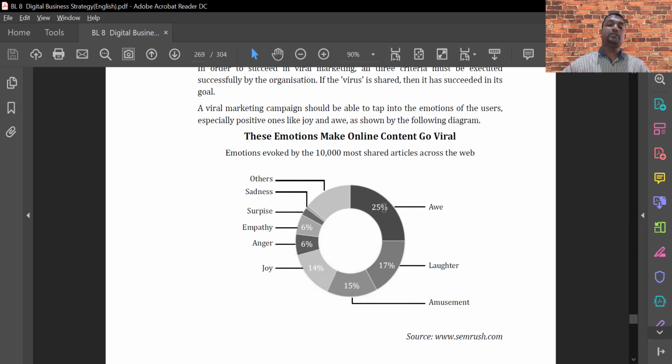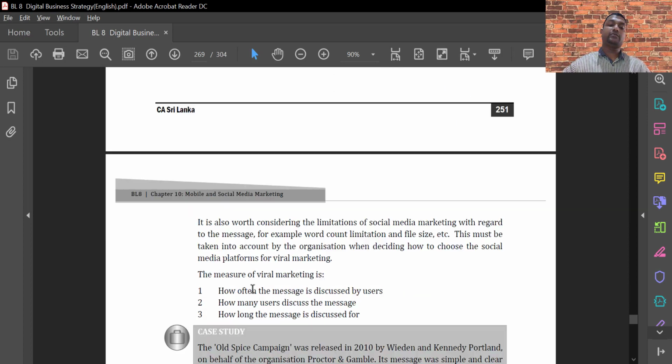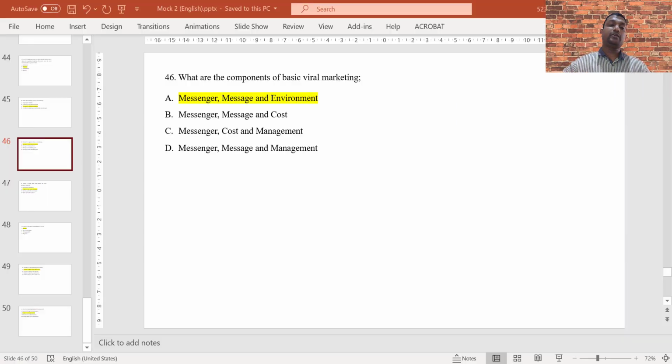Some of the content relates to joy, amusement, like laughter, funny content. So depending on what type of content you are communicating, that will have different effects on how viral marketing can happen. So in the answers given, it's the messenger, the message, and the environment, which are the basic components in viral marketing.